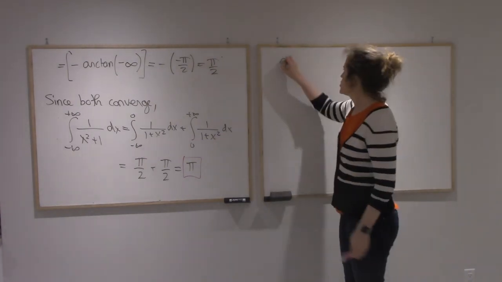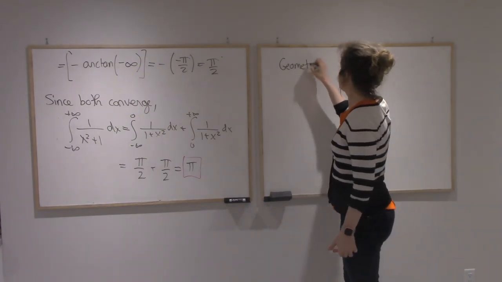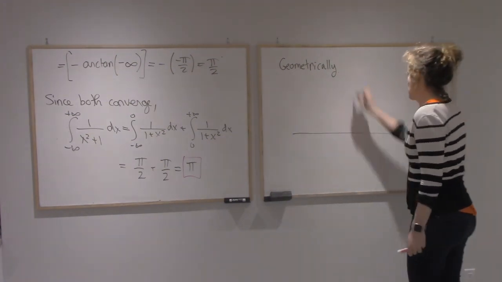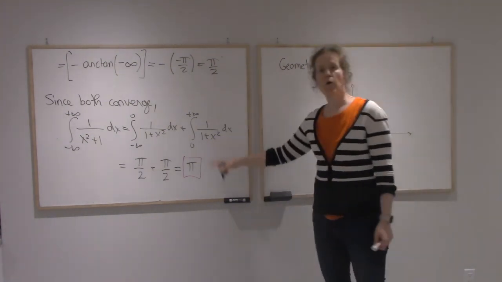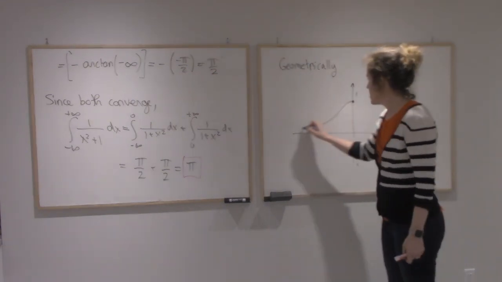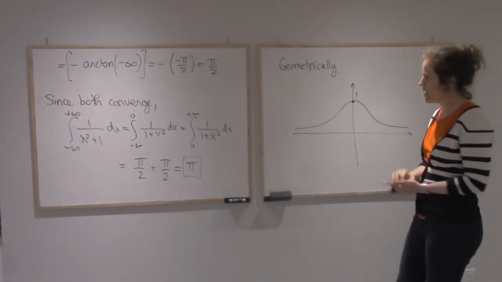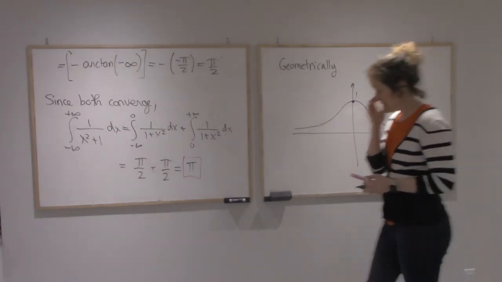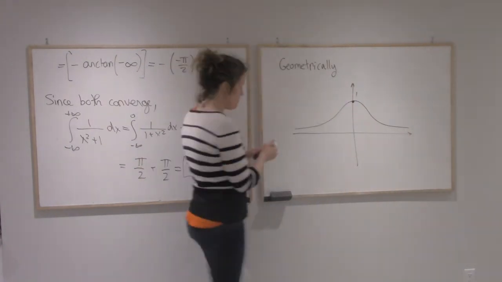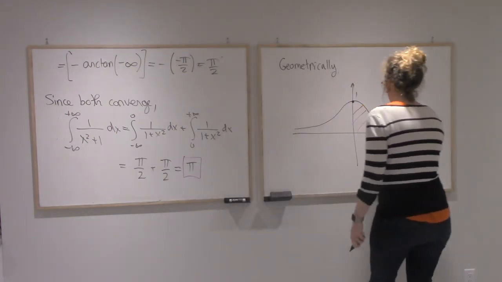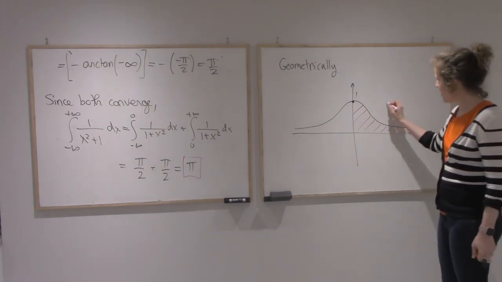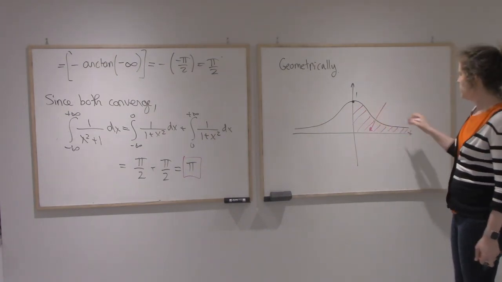Before we stop, let's just get back to the geometry picture. One over 1 plus x squared has a maximum of 1 at 0, and then it tapers down on either side. What we did is, instead of looking at that area at once, we divided it into two parts. We made sure first that this half actually converges despite the fact that I have an unbounded region.